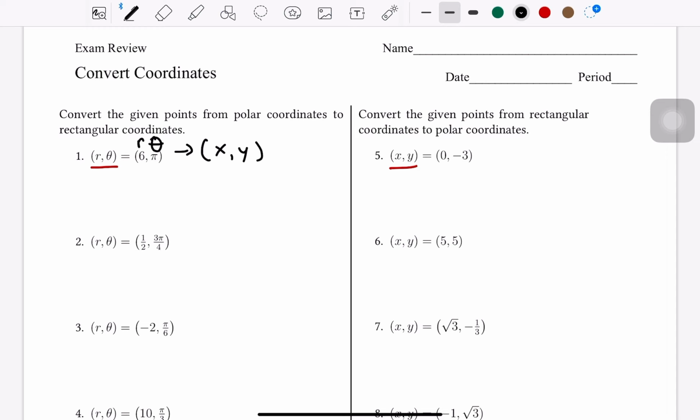So let's start off by writing the formulas that include both x and y, and that is x equals r cos theta and y is equal to r sine theta. Just recall that the way we came up with this really stemmed from knowing that sine theta is equal to y over r, and we simply solved for y.